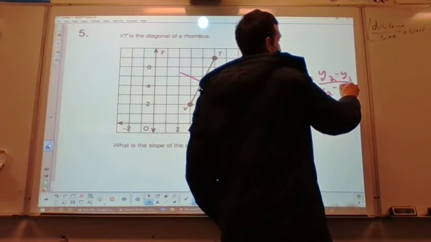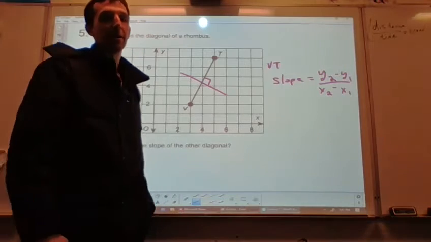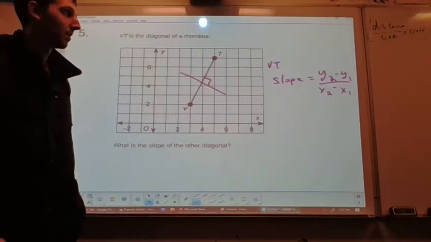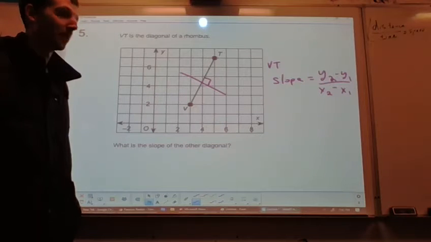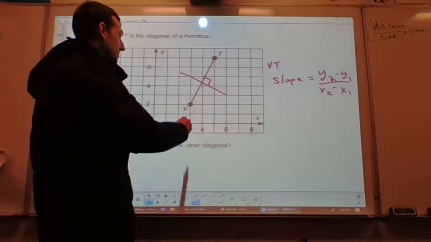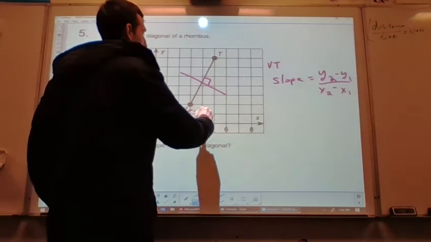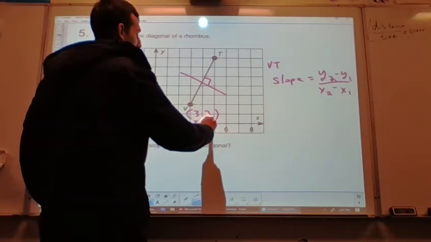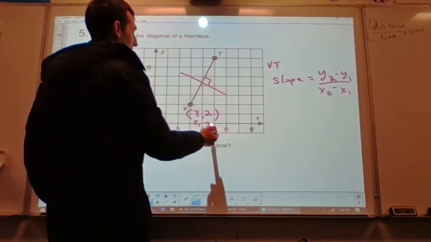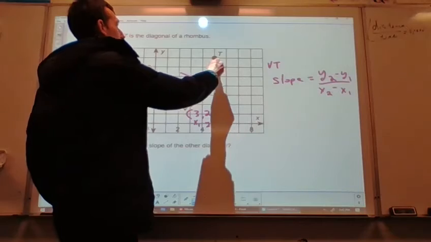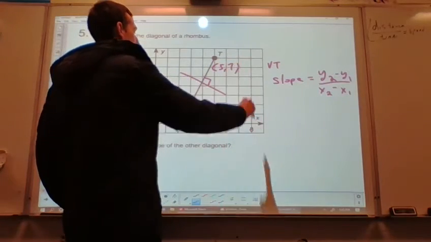Remember, rise is y. You got to rise before you run, so y is going up, rise over run. Okay, so anyhow, I wouldn't use the formula. I mean, if you want to, you can, but there's the point. You'd have 3, 2, so that would be x1, y1, and this one would be 5, 7, I believe.